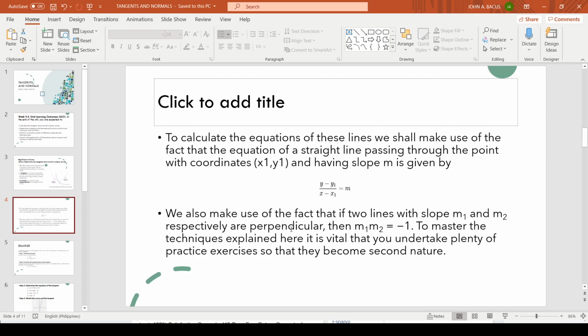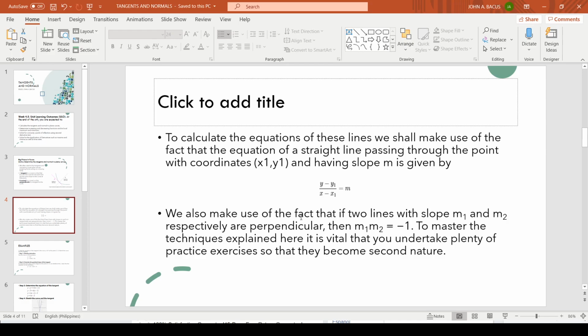Okay? So for perpendicular, how are you going to find the slope? Okay, this formula right here. How do you find the slope? Remember, from our previous lesson, that the slope of a line is the derivative, right? Or the change in y over the change in x. So that's how you get the slope, which is equivalent to the first derivative of a function.